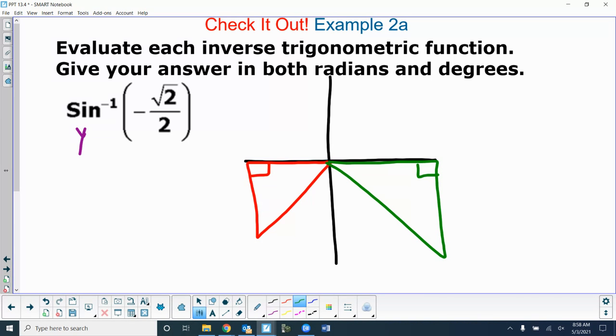All right. And my y is negative radical 2 over 2. What's always opposite of radical 2 over 2? Remember, these are 1s, right? Which is a 45, right? So, how far is it from there to there?